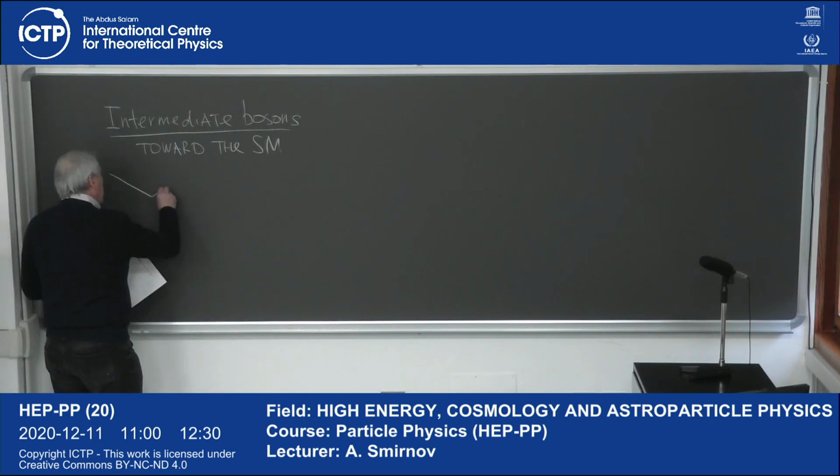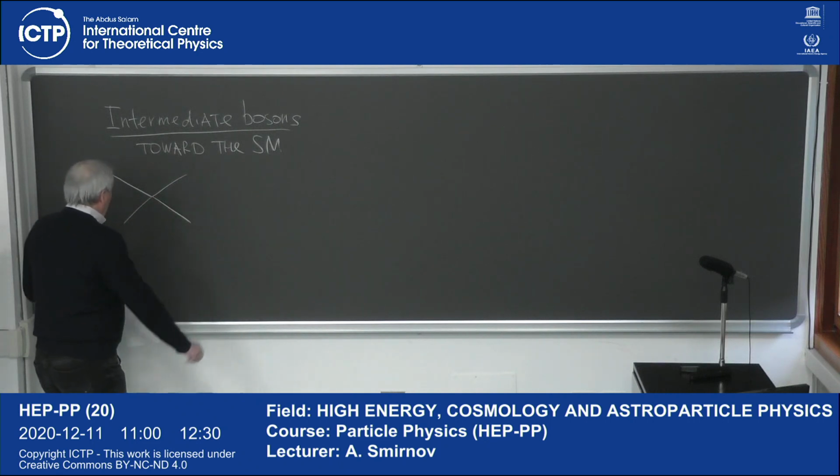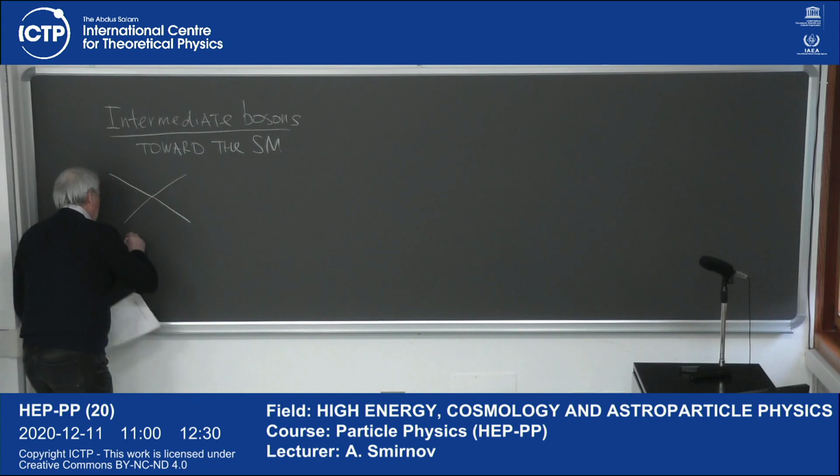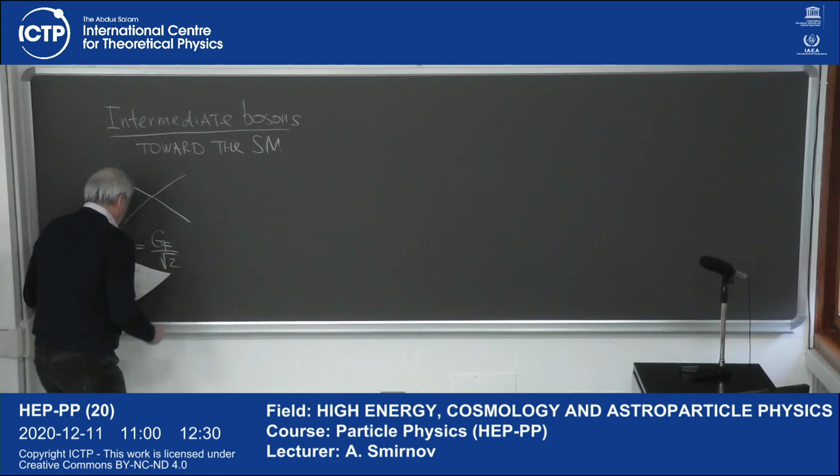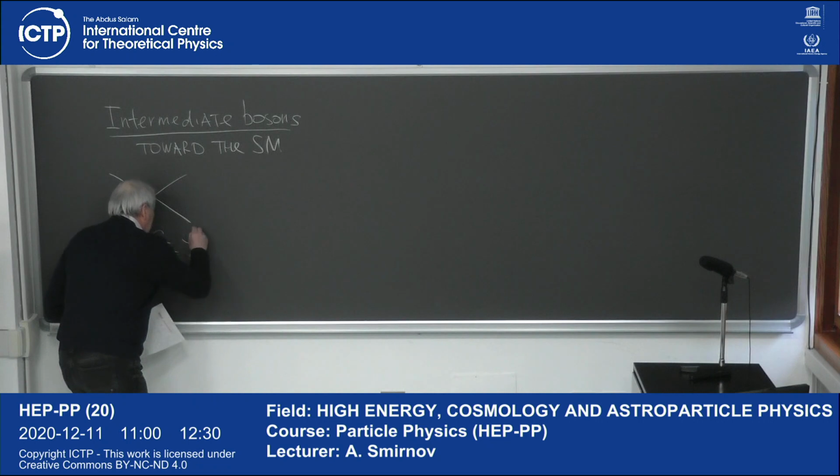So let me remind, we discussed four-Fermi theory of weak interactions. And these interactions are described by an effective Hamiltonian, which is G Fermi over square root of 2, and then a product of the currents.